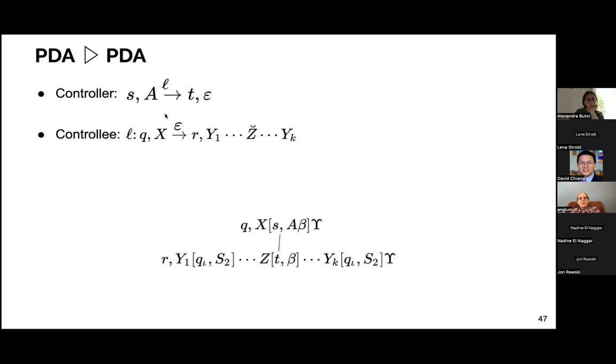Another type of rule is if the controller has a rule of this form: S, pop A, read L, and go to T and push nothing. And the controllee has a rule of this form that has multiple stack symbols on the right hand side, and one of them is distinguished, this Z here.